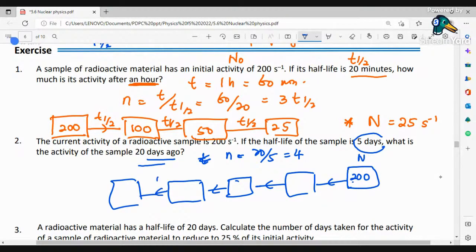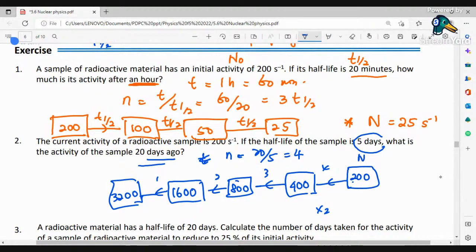Ini berapa? 1, 2, 3, 4. Kalau you patah balik, you kena multiply 2 semua. Okay, 200. Sebelumnya ialah 400. 400 sebelumnya ialah 800. 800 before that is 1600. Before that is 3200.